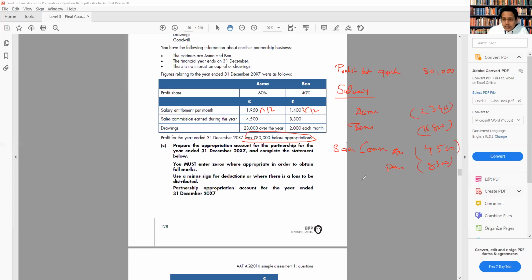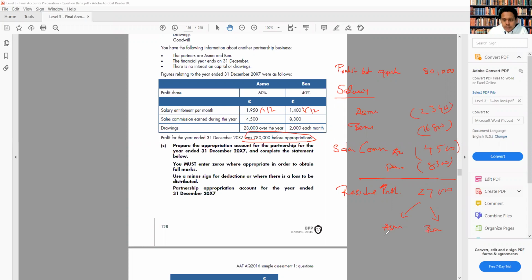And after that, anything left, you call it residual profit. How much is the residual profit? 27,000. And from this 27,000, we have two persons, Asma and Ben.